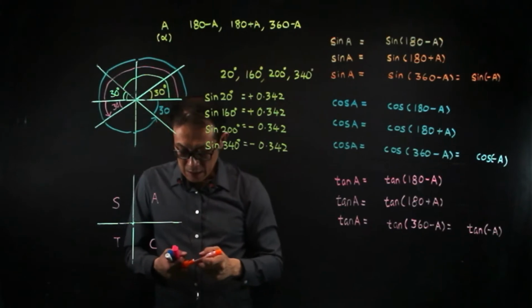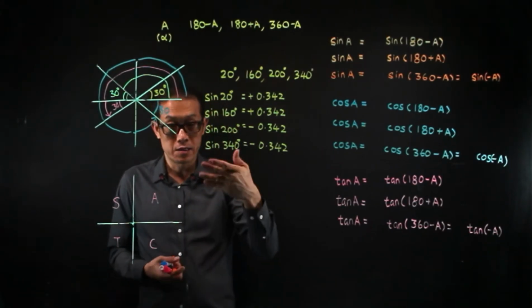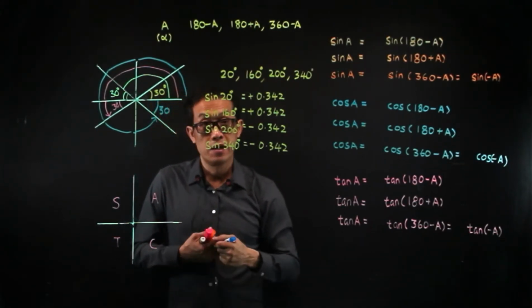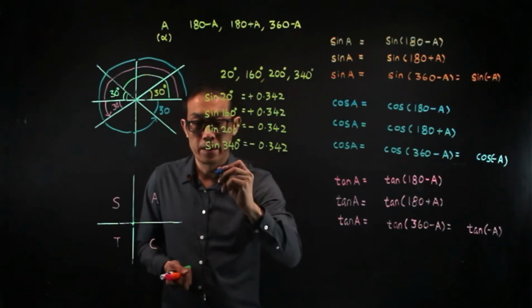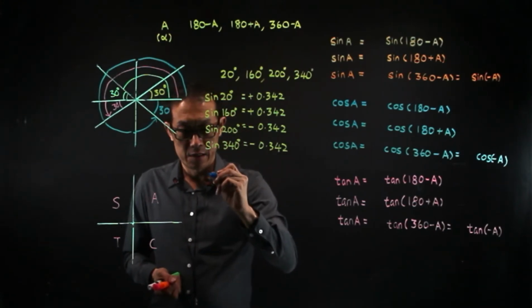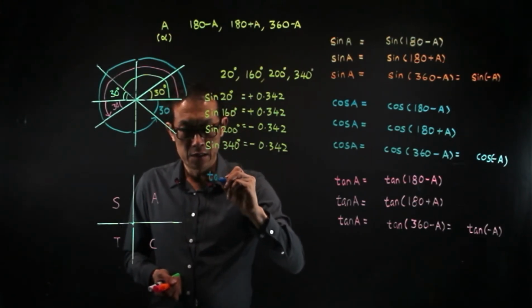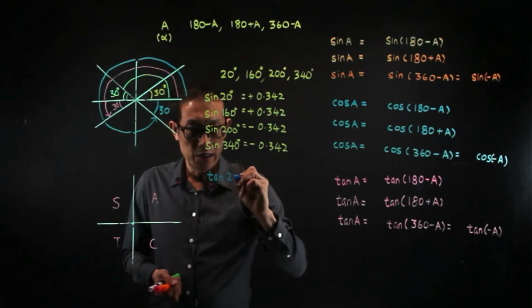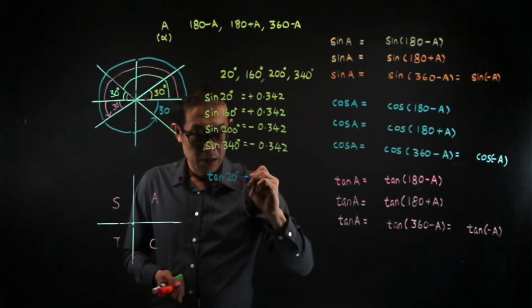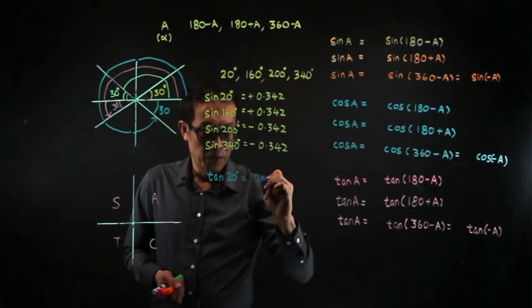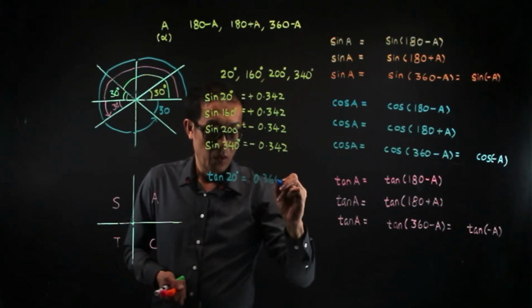Okay? Now let's try some other trig function, see whether it is true. So let's do tangent. Tangent 20, you get 0.364.